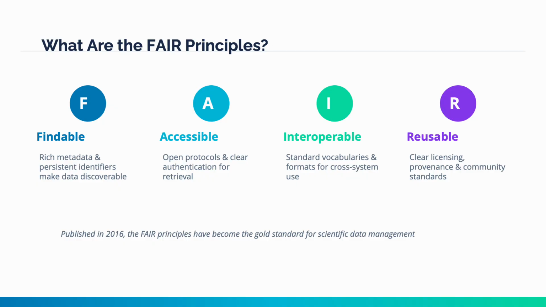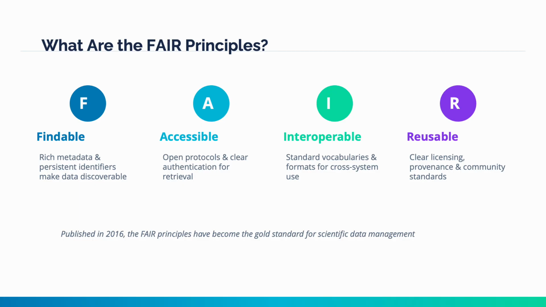So what are the principles that we are trying to meet? They were published in 2016 and have become the gold standard for scientific data management. There are 4 pillars. Findable means your data has rich metadata and persistent identifiers so that both humans and machines can discover it.